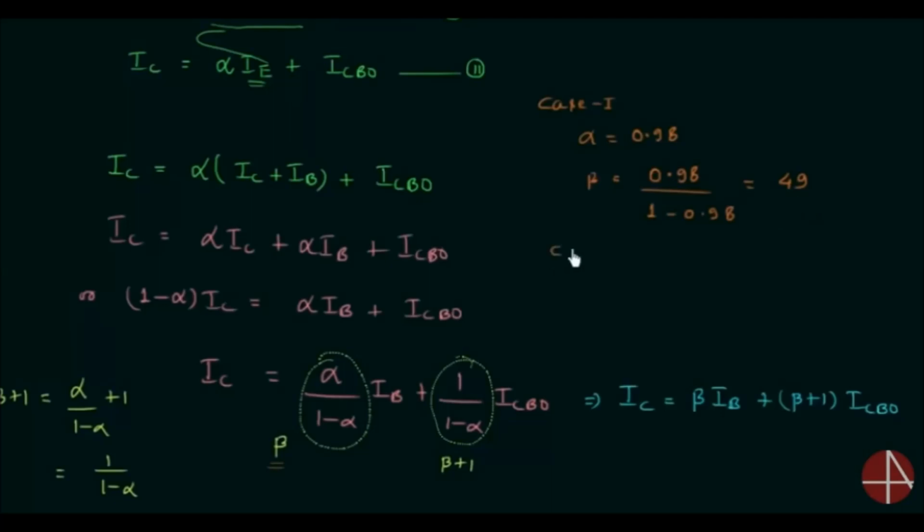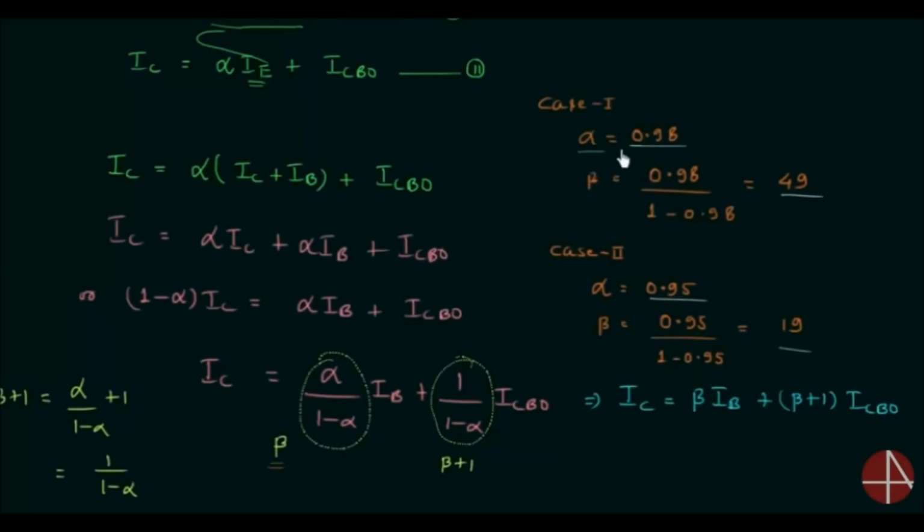In case 2, alpha is equal to 0.95, so beta is equal to 0.95 divided by 1 minus 0.95, and this is equal to 19. You can see slight change in alpha changes beta significantly. Therefore beta is very sensitive to variations in alpha.